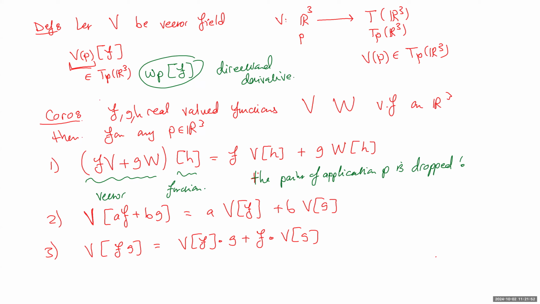Now let's solve some problems and end with it. So we have V equals U3 U2 minus X U1, F equals Y X squared and G is Z squared.